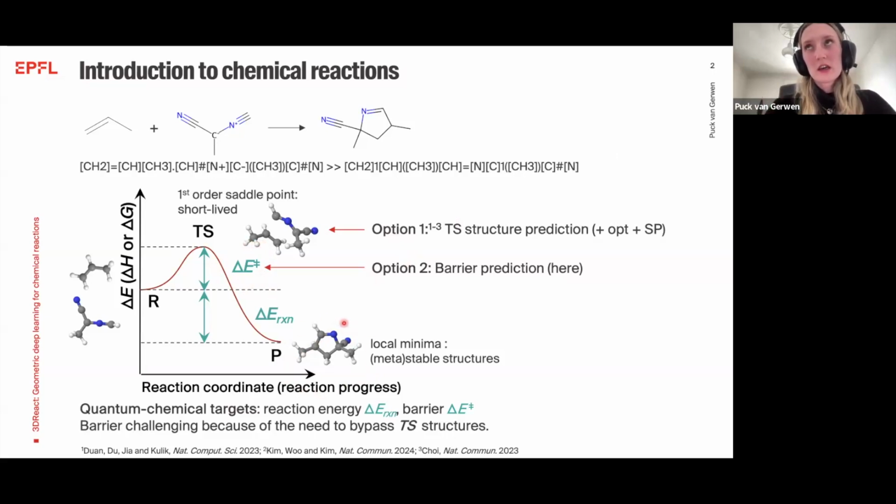If the reference computation, let's say a DFT computation, can compute this quantity with an error against experiment, which would be the real structure, of less than 1 kcal per mole, you want your model to almost be able to approximate the inherent error in those ground truth methods.